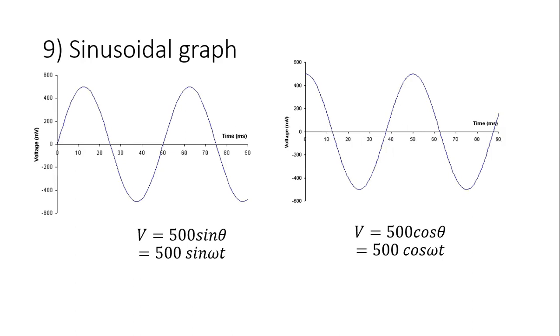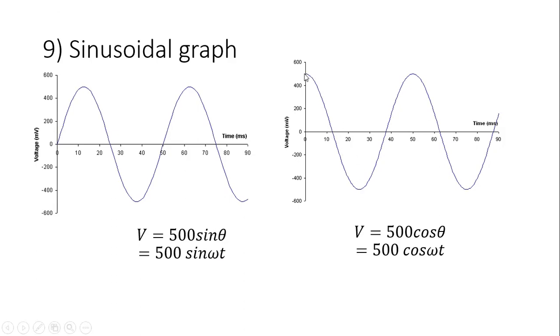And let's just review our sinusoidal graphs. You need to know how to use them. If you start with this one, you should know that there's the amplitude. 500 is about here. If that is angle theta, that's your angle theta. But if you use time, then we have to replace theta with omega t. Same here, you should be able to identify this as a cos graph.